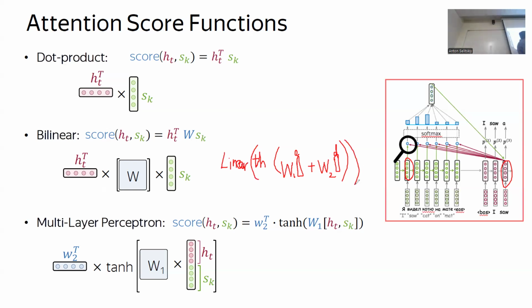But if you concatenate these vectors and multiply by this extended matrix, you can write this sum as just one matrix multiplication. That's why here we use concatenation instead of two different matrices. This matrix is the matrices W1 and W2 stacked together.